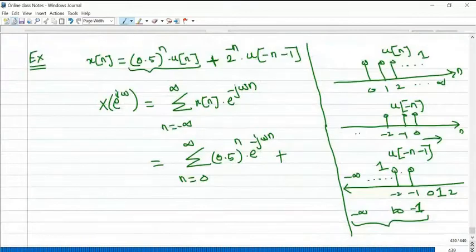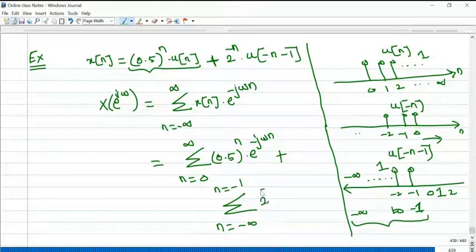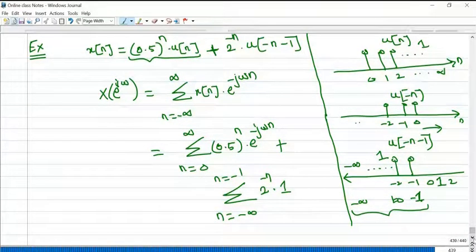So second summation limit, n from minus infinite to minus 1. 2 power minus n magnitude 1. Okay. So these kind of problems, finding the summation limit, you have to do carefully.